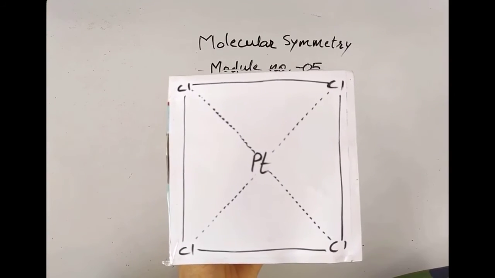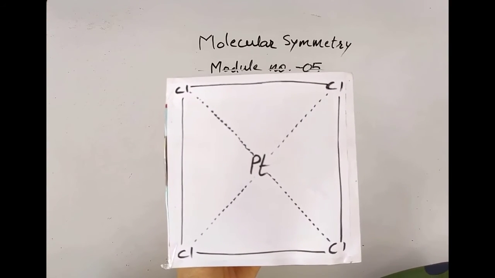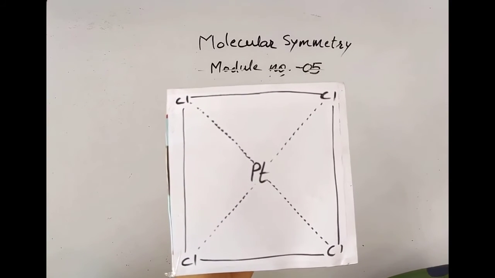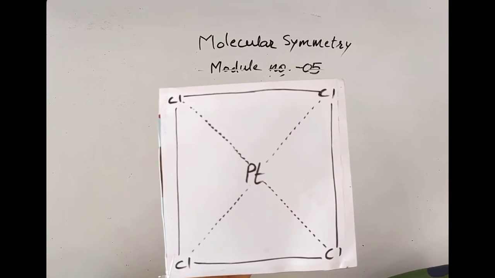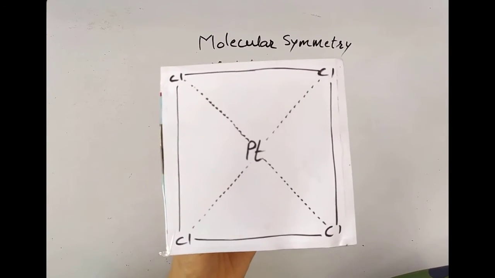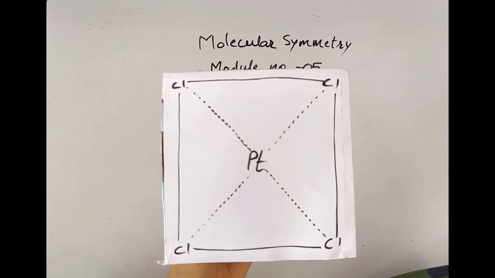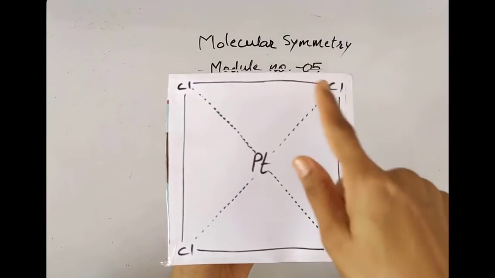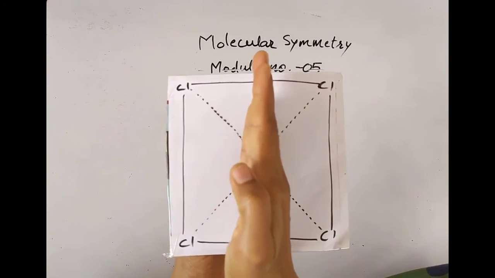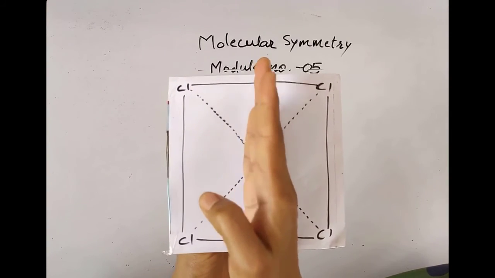By looking at this PtCl4 model, you can clearly resolve whatever doubts you are having till now. Now in this you can easily distinguish the planes that are present. PtCl4 molecule, square planar, this is the first plane, you are getting 2 equal halves.